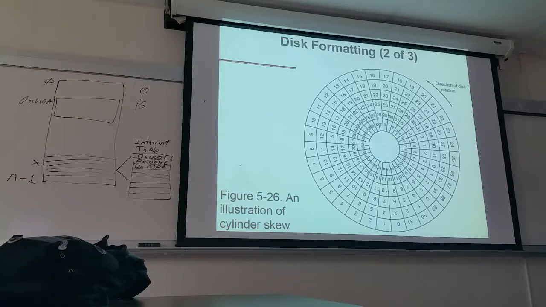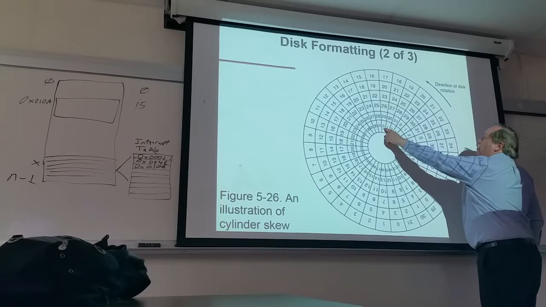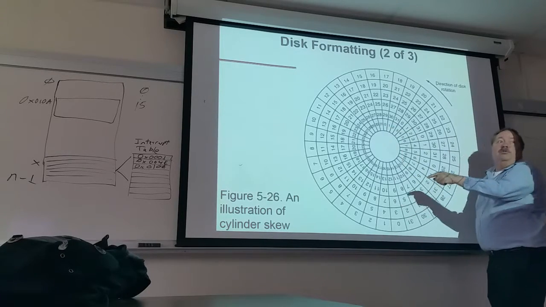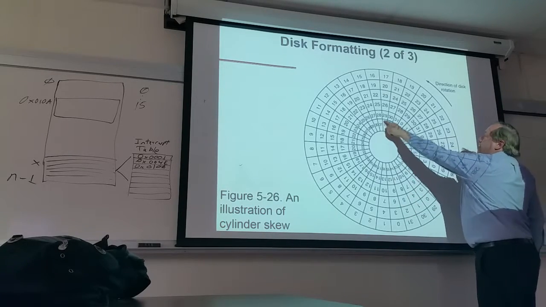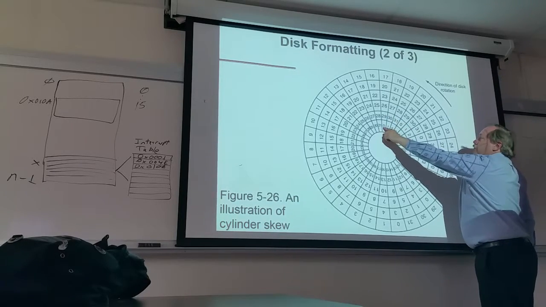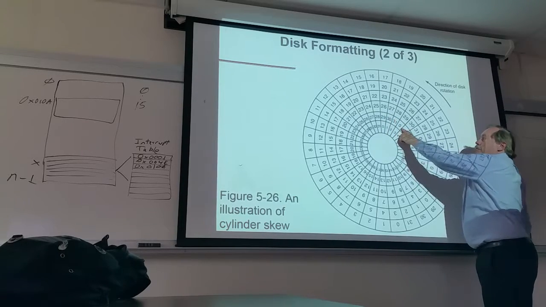So if I'm reading sector 0 on track 0, and I want to shift to sector 0 on track 1, my disk has moved, right? So instead of putting 0 immediately adjacent to this 0 on this track, I'm going to skew it.